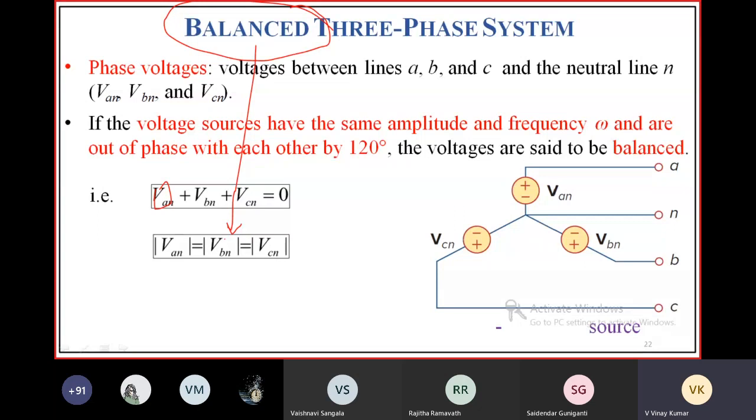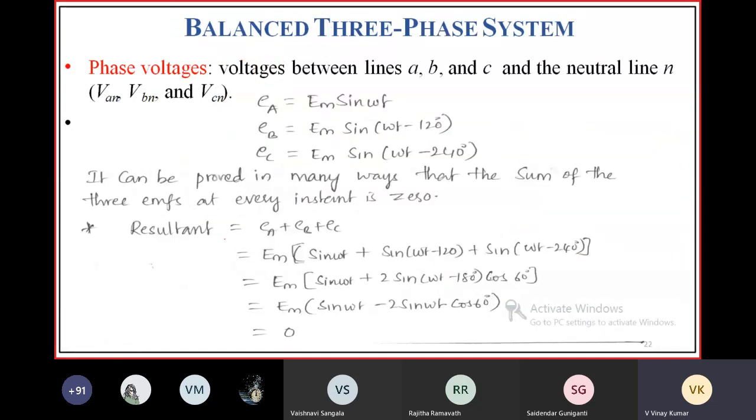That is, VAN is equal to V at an angle 0 degrees, VBN is equal to V at an angle minus 120 degrees, VCN is equal to V at an angle minus 240 degrees. So here, phase A will produce EM sin omega t, phase B will produce EM sin of omega t minus 120 degrees, phase C will produce EM sin of omega t minus 240 degrees. All are instantaneous voltages.